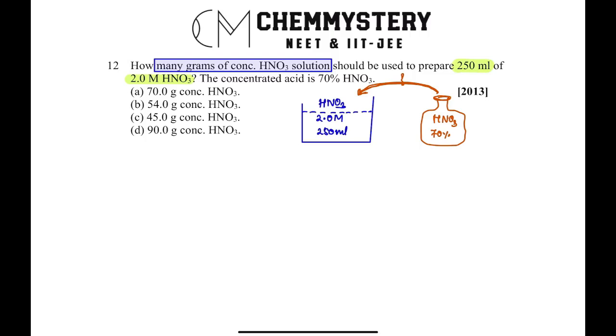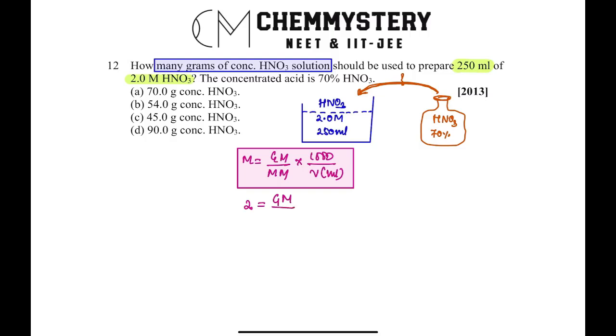So what is the molarity? Molarity is given mass by molecular mass into 1000 by volume of solution in ml. This is the molarity formula. We need to prepare a 2 molar solution. The given mass I need to find out now; I don't know it.